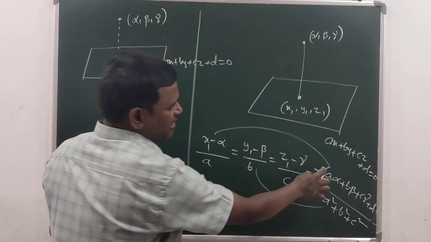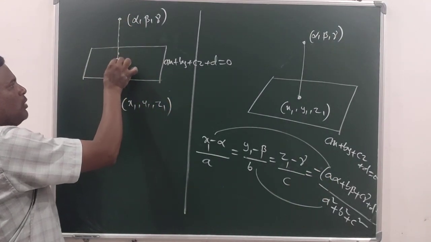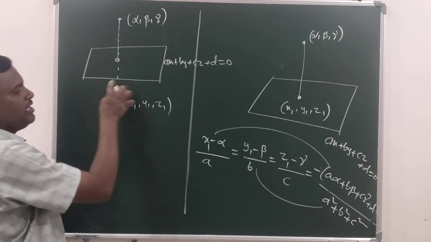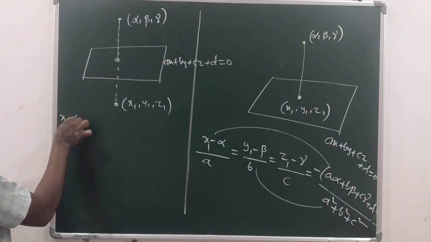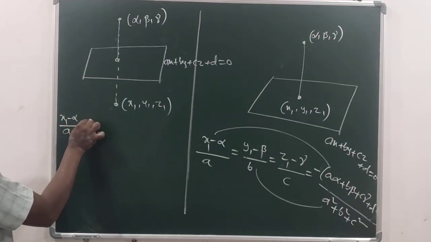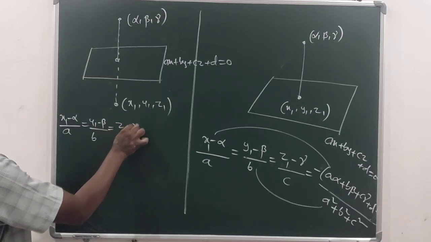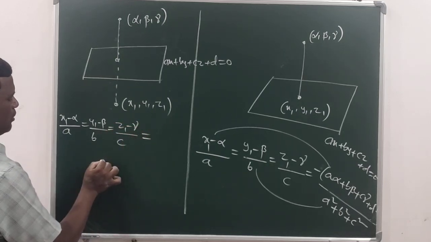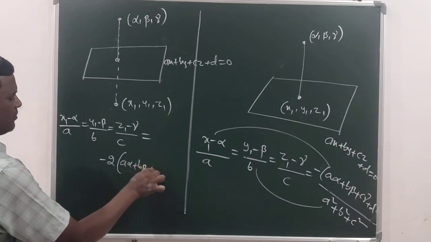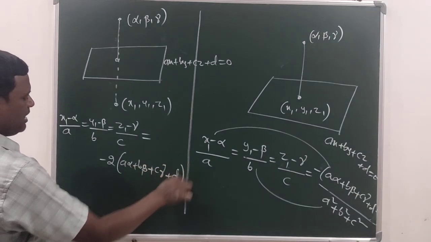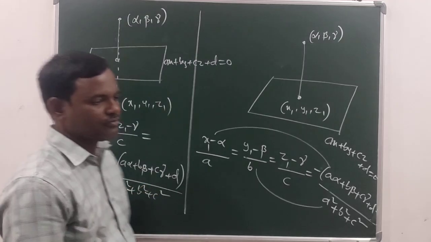Same formula, but here an extra 2 will come because the distance from the point to the plane is equal to the distance from the plane to the image. What is the formula? x1 minus alpha by a, y1 minus beta by b, z1 minus gamma by c, which is equal to minus 2 into a alpha plus b beta plus c gamma plus d, by a square plus b square plus c square.